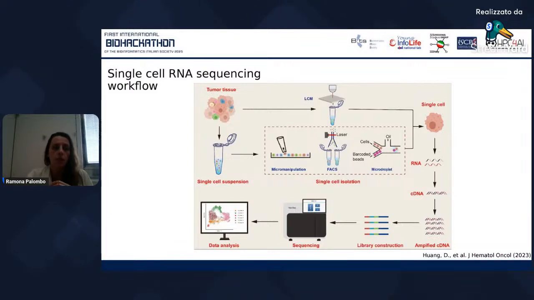The important thing is to have a single cell that is alive and viable, and the integrity of the single cell is very important. Then we release the cell to obtain RNA. We copy this RNA to obtain a complementary DNA molecule that is amplified by PCR. And then we have the library construction, then the sequencing of this library, and then the analysis of the data.